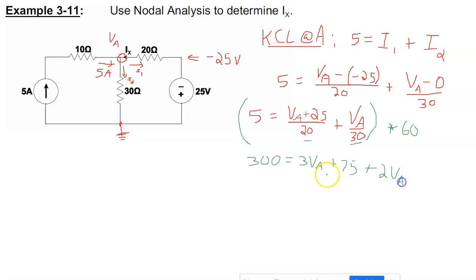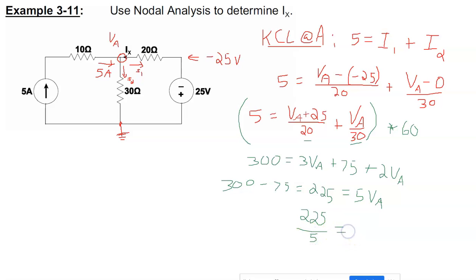Okay. So now I bring my 75 across the equal sign and make it negative, so I've got 300 subtract 75 equals 225, and that's equal to 5 VA. So I've got 225 over 5, and that's not the right answer.